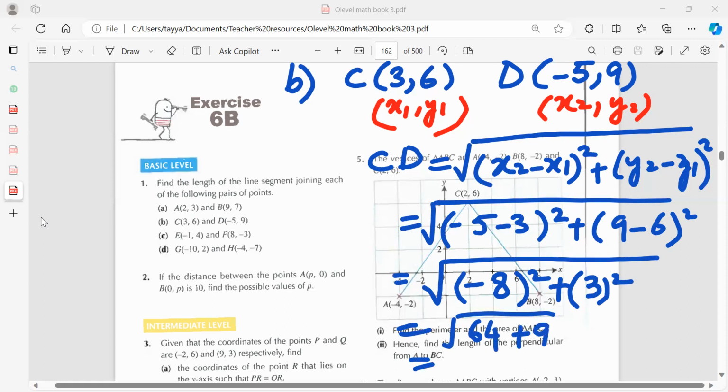So it will be 73. Take the square root of 73, which is 8.54. Yes, it is 8.54 units.